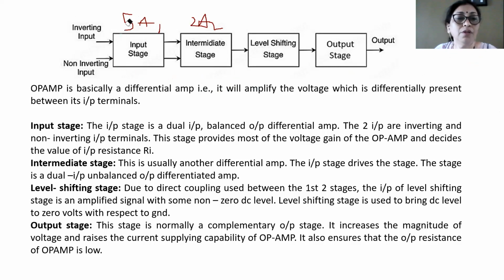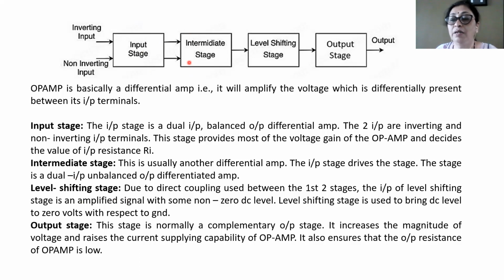Now coming to the third stage, which is called the level shifting stage. As I told you, these amplifiers are directly coupled amplifiers. There is no component present when connecting one stage to another stage.